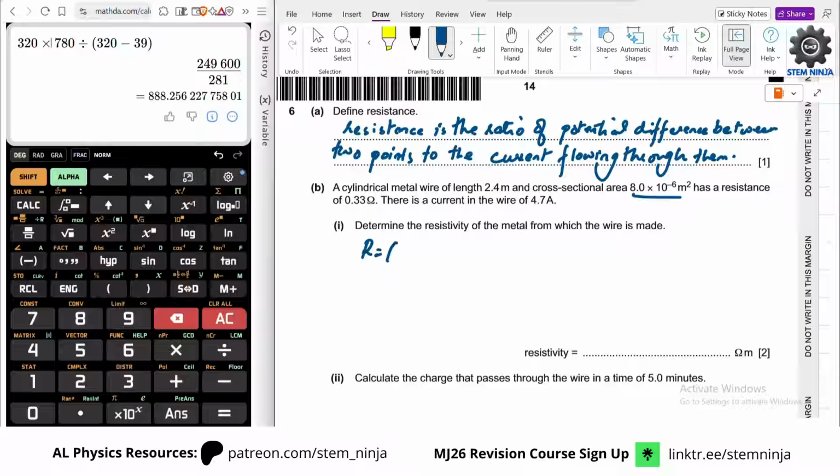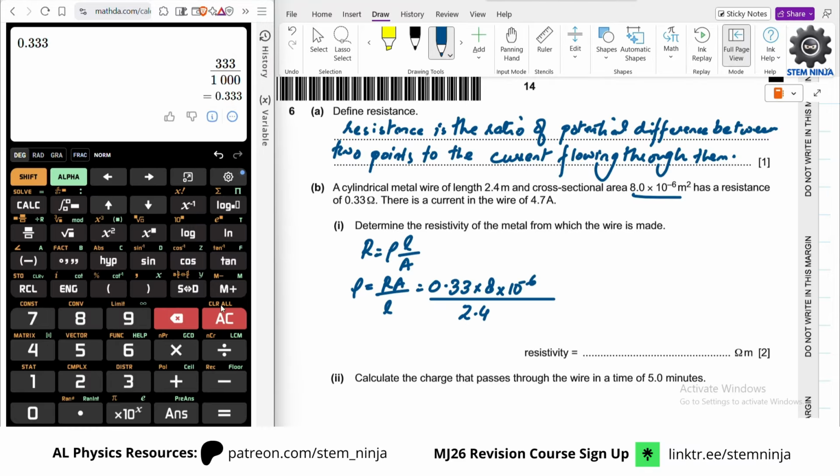So we know resistance is rho L over A, therefore rho would be R A over L. So resistance is 0.33, cross-sectional area is 8 times 10 raised to the power minus 6, length is 2.4. So 0.33 times 8 divided by 2.4 times 10 raised to the power minus 6.